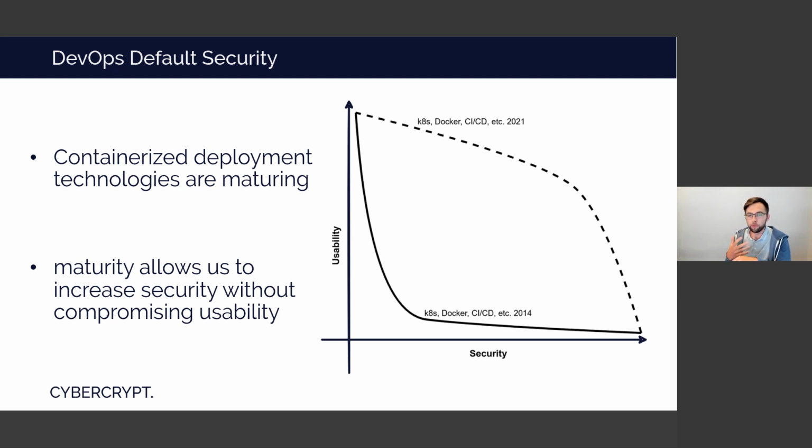So we can demand more security today in these technologies than we could before, because the trade-off is softer, because the users are more mature and they know how to use these technologies. So we believe it's time to demand more security. We believe it's time to increase the security controls in our deployments, and to be more serious about how we do DevOps.